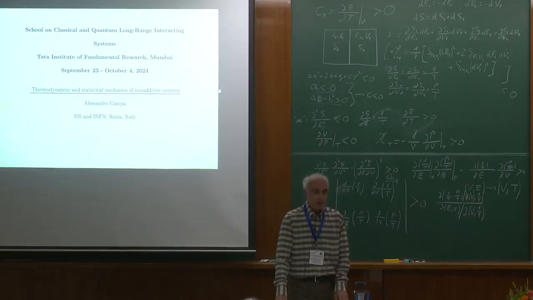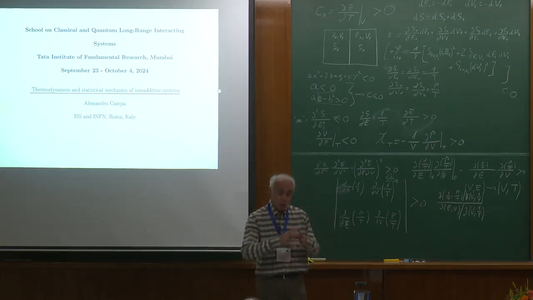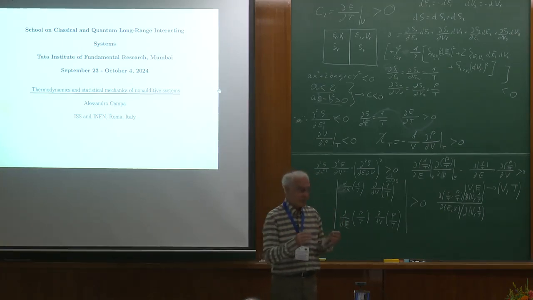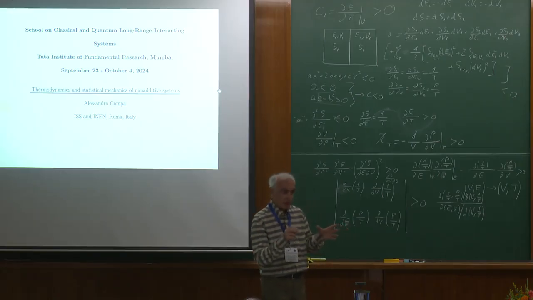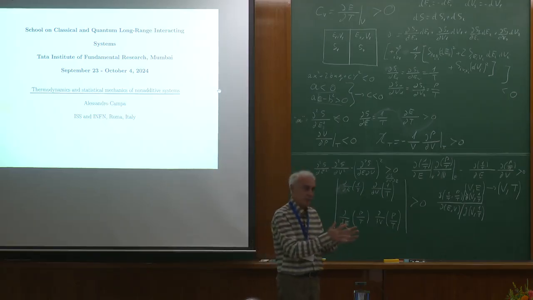And this does not spoil the stability of the system, since the microcanonical ensemble is suited for an isolated system. And the specific heat of a long-range system has to be considered as the specific heat of the whole system. So that means that if you have an isolated system with a given energy, and for a moment you just add some energy, and then remove the connection again, so it will be isolated again.